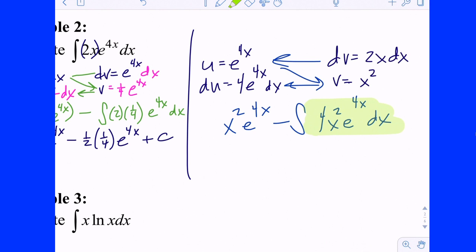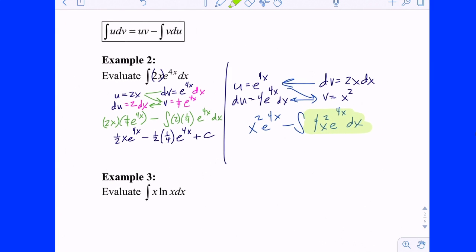And you would let probably u equal x squared, right? But if you misidentified it, guess what's going to happen? You're going to be building up. The next one is going to have an x cubed. So you're not doing anything wrong, but you keep taking that other integral that you have to evaluate further and further away from where you want to take it. You're trying to reduce the powers to get rid of it. So that's why you want to let that little power function of x be the one you take the derivative of, because it makes the problem smaller.